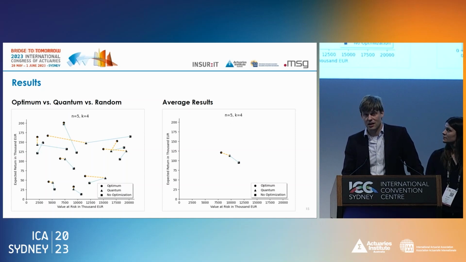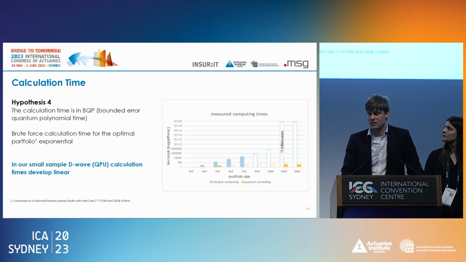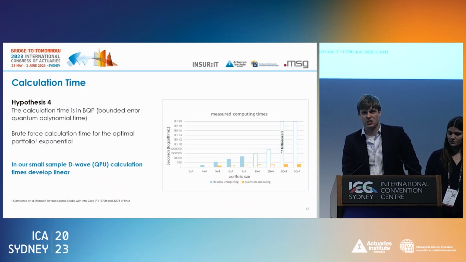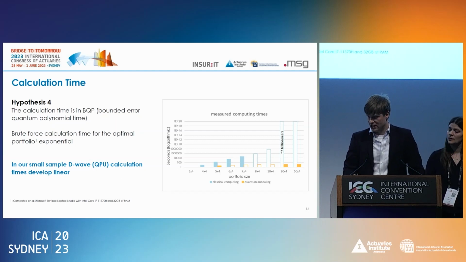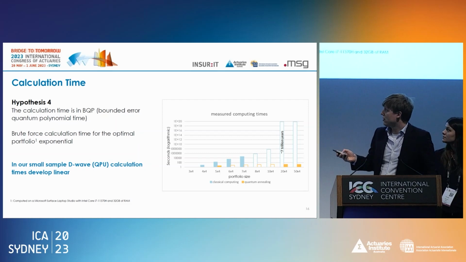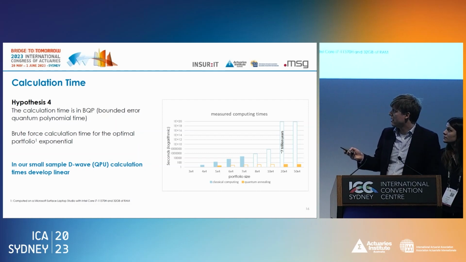result. And this allows us now to get to the calculation time. So did we really have an advantage in our calculation time? Well, in our small set, we really could see that the calculation time only developed linearly, which would even be better than what would be theoretically expected. But when we are looking here, for a portfolio with 7 risks and 4 variants, we are in some hours calculating that.